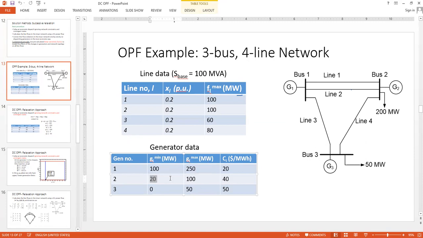Okay, because if I decide to turn on unit number 2, then at least I have to take this 20. However, for generating unit 3, there is leeway. I can do with 0 megawatt also. Even if generating unit 3 is running, I can take 0 megawatt, because that is allowed for generating unit number 3 in this case. Again, for generating unit number 1, if it is running, at least I have to make sure that 100 megawatt is being taken, and so on.